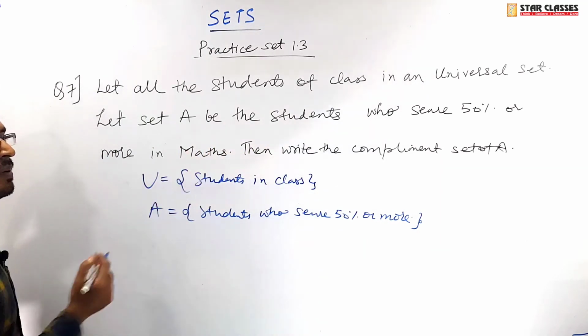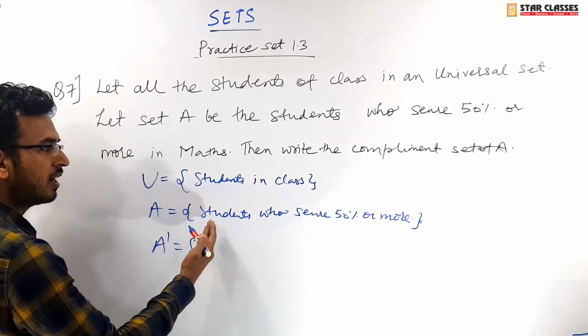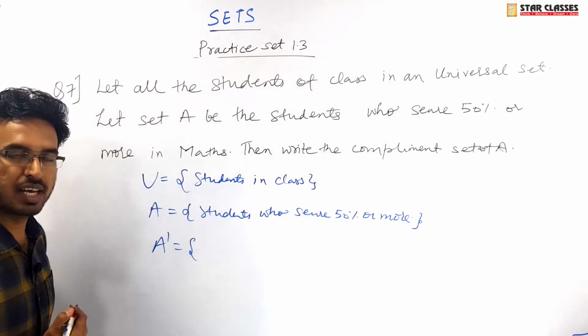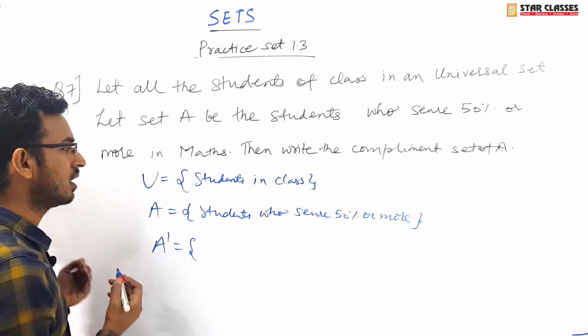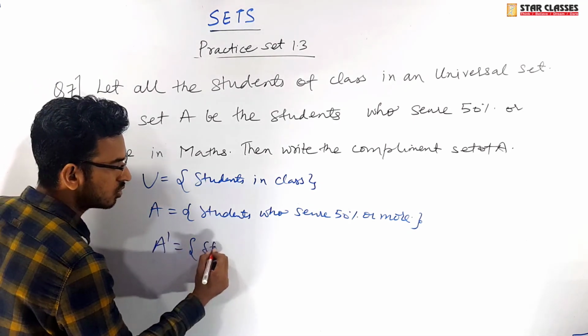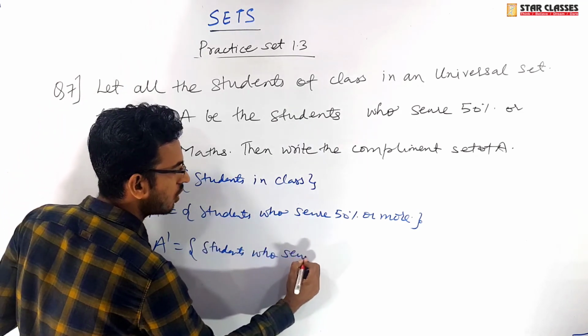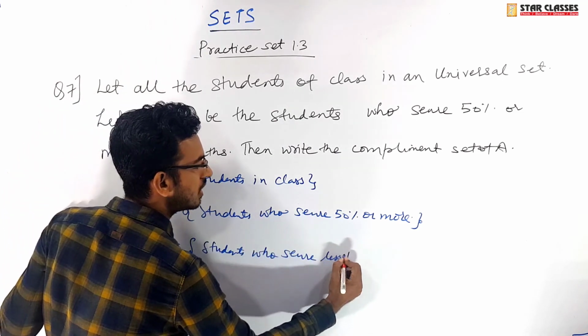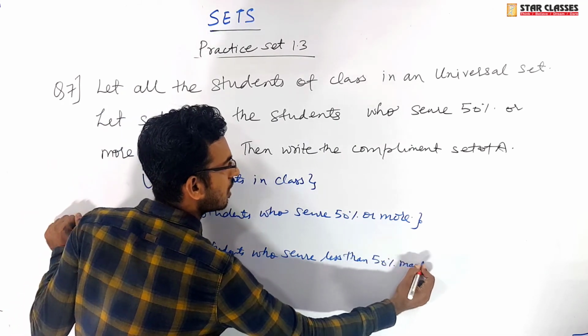Then write the complement set of A. So A complement will be the students who secure less than 50% marks.